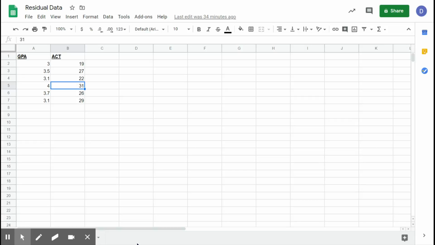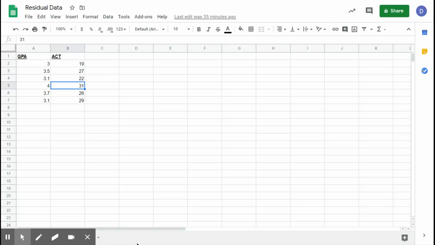Some other interesting things about a residual plot is that if there's no pattern in the residuals, the model we're using is appropriate. And we're just going to use linear regression models in this course, but there are quadratic regressions, exponential regressions, and such.